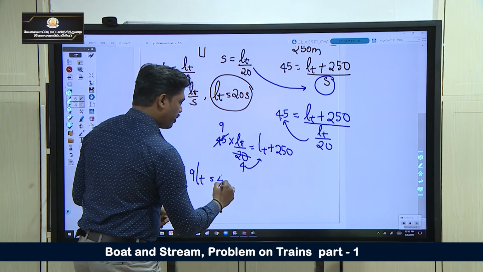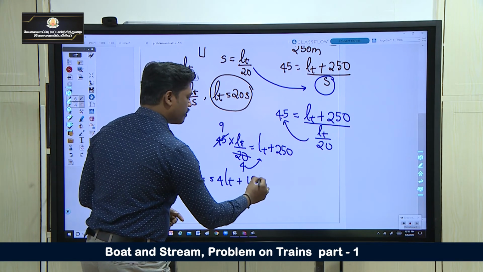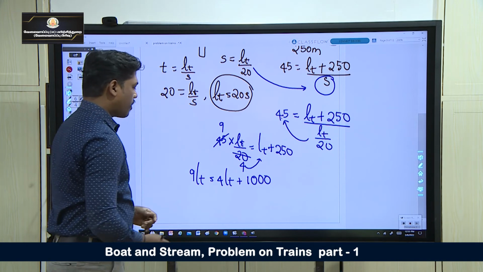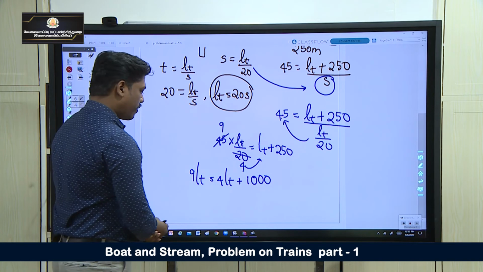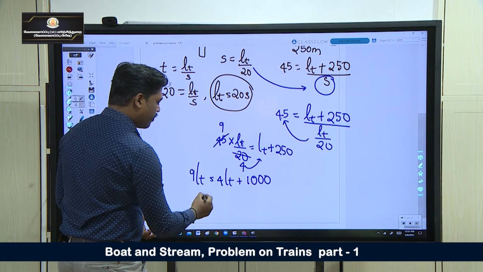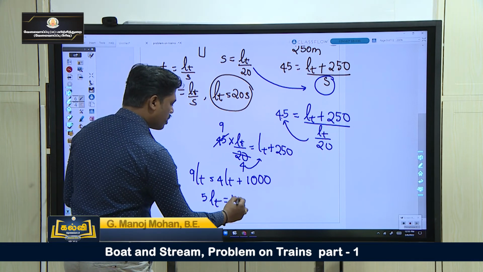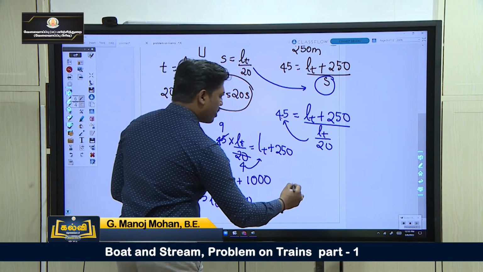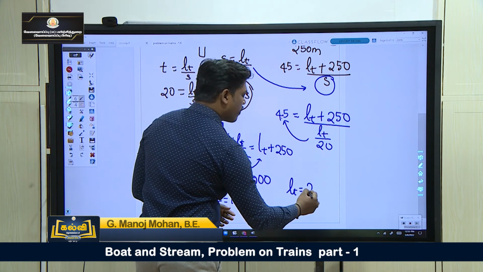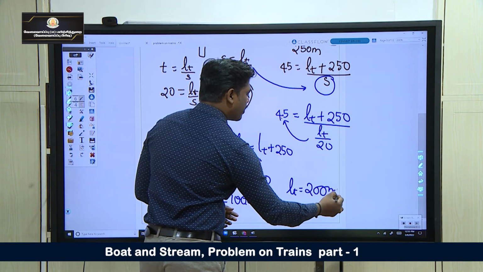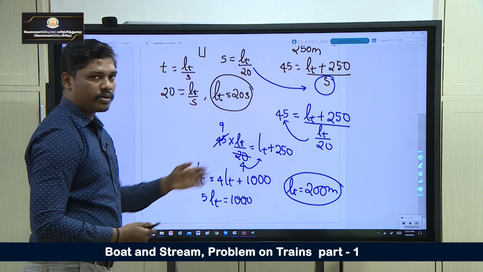You will be having 4 times length of train plus 4 into 250, you will be getting 1000. So 9 into LT minus 4 into LT, you will be having 9 minus 4, you will be getting 5 length of train is equal to 1000. So length of train is equal to 1000 divided by 5, you will be having 200 meter. So from this I can find the length of train here.